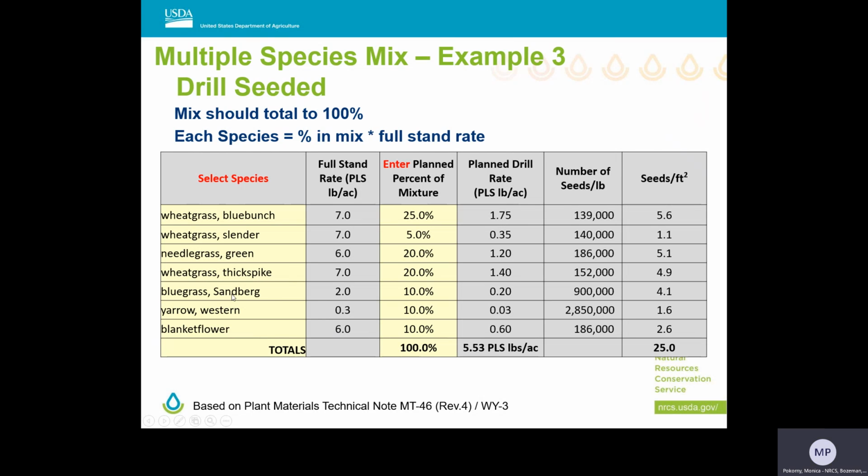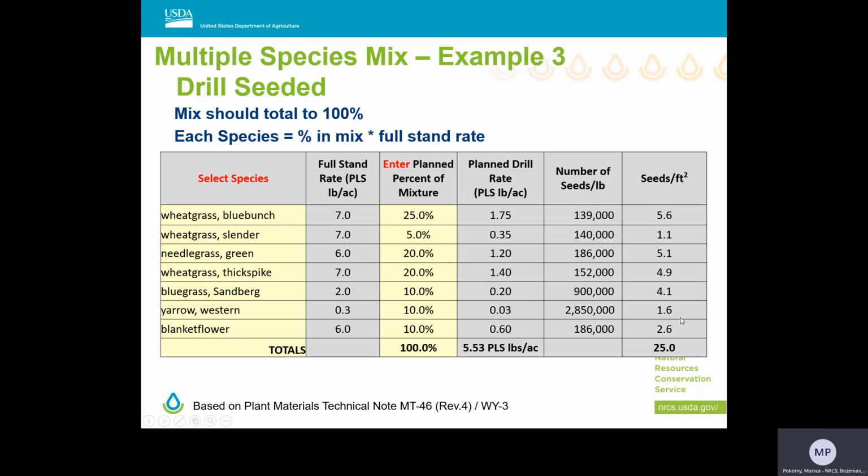For example, with Sandberg bluegrass, the full stand rate is 2 PLS pounds per acre. We want it to be 10% of our seed mix. So we calculate 2 times 0.1, we get 0.2 PLS pounds per acre that we want to include for this species in the mix.